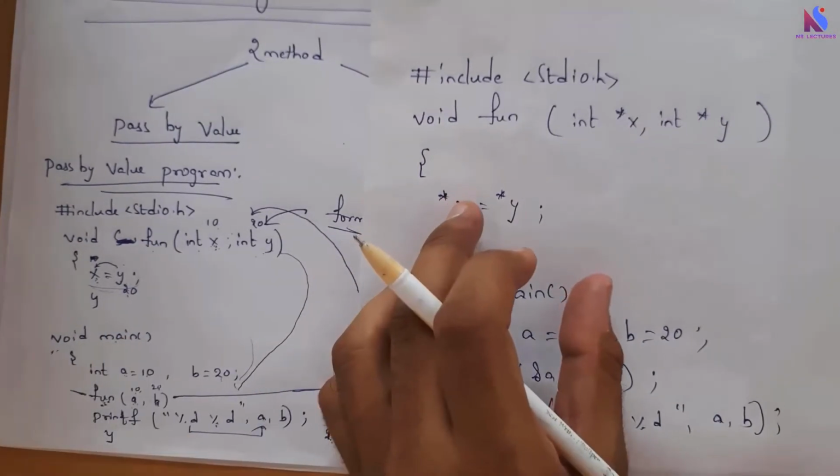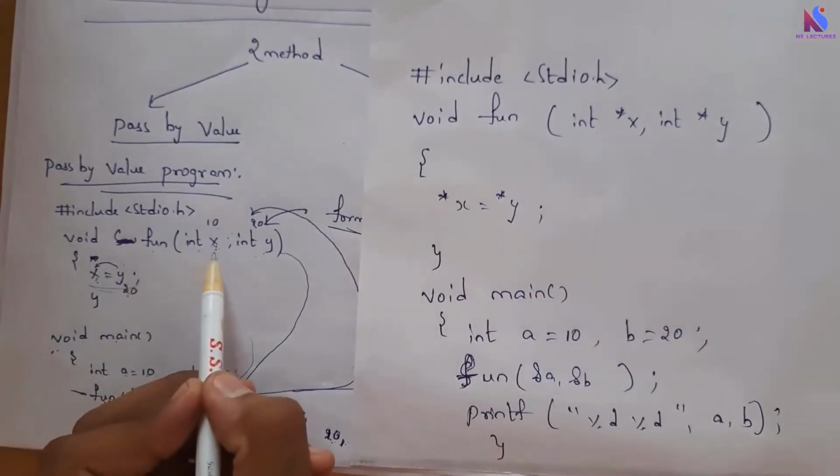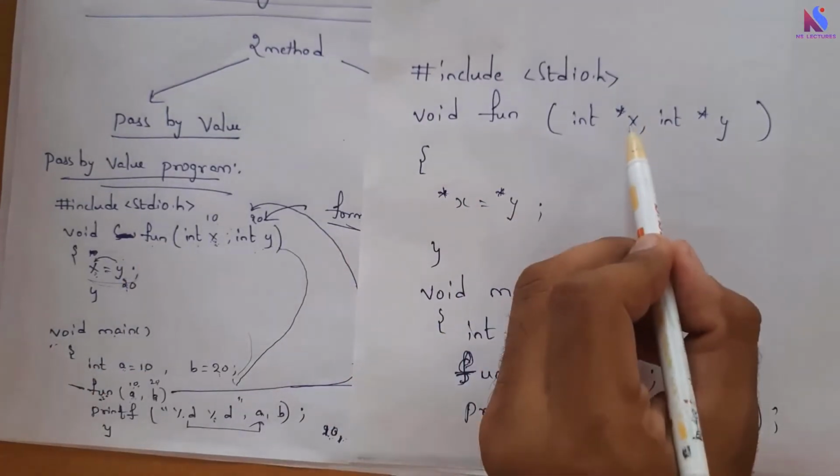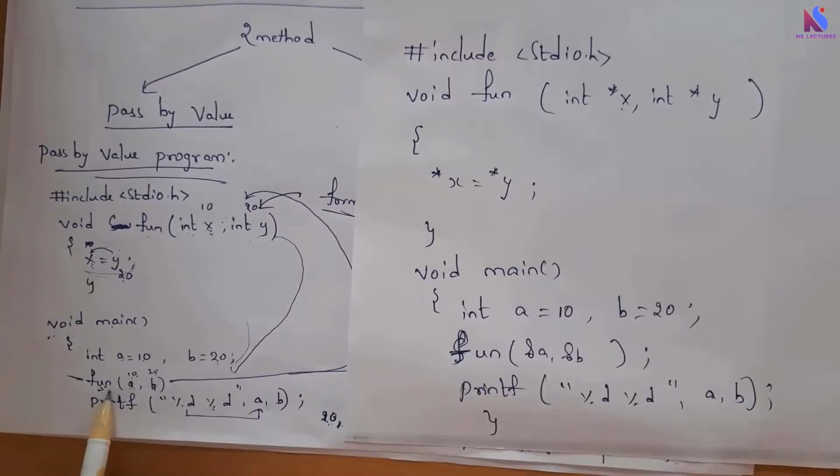Same program, the difference is that here you need to take pointer variables. In pass by value I wrote a comma b, whereas in pass by reference you need to write &a comma &b, where & represents address.